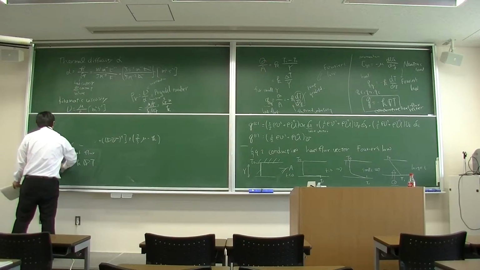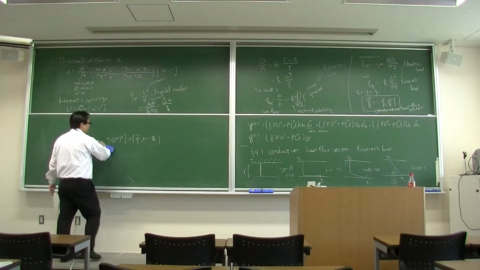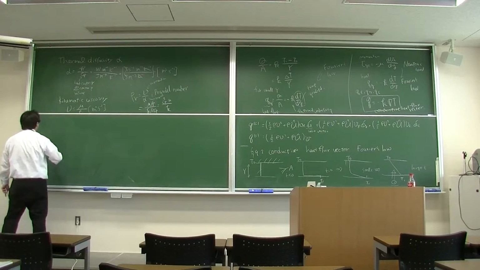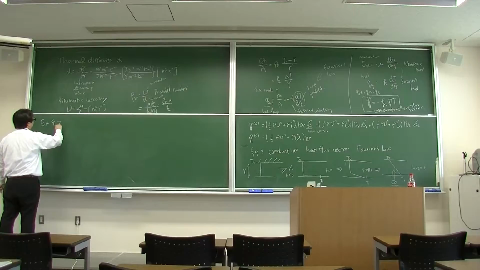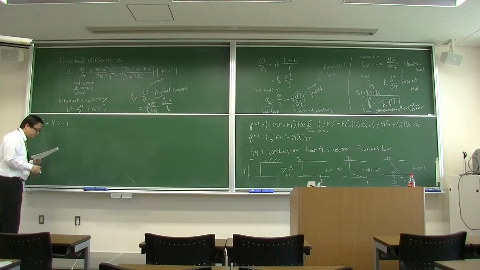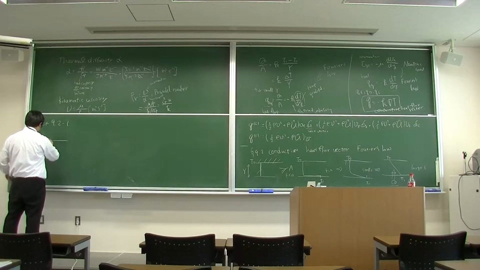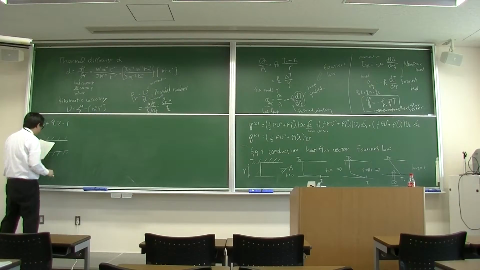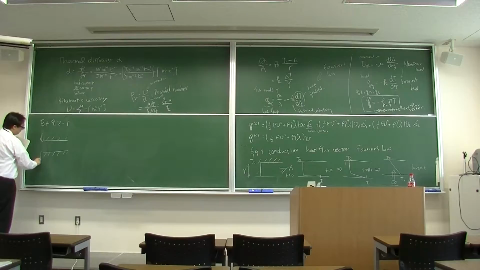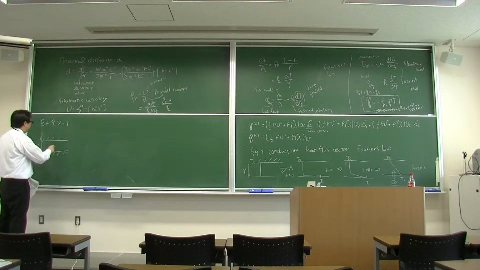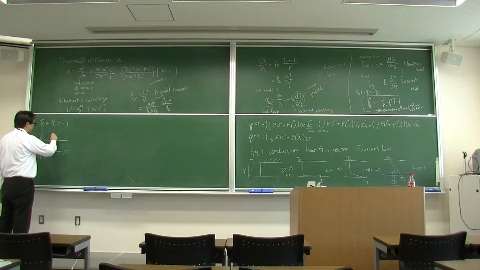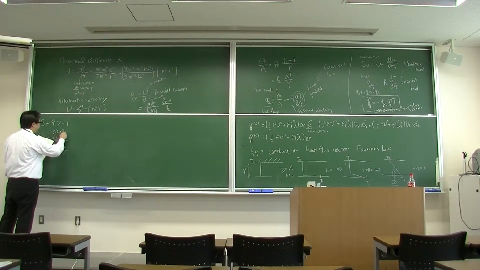So let's go to the example of 9.2.1. We have two plates, 0.252 inch apart, and heat is transported.